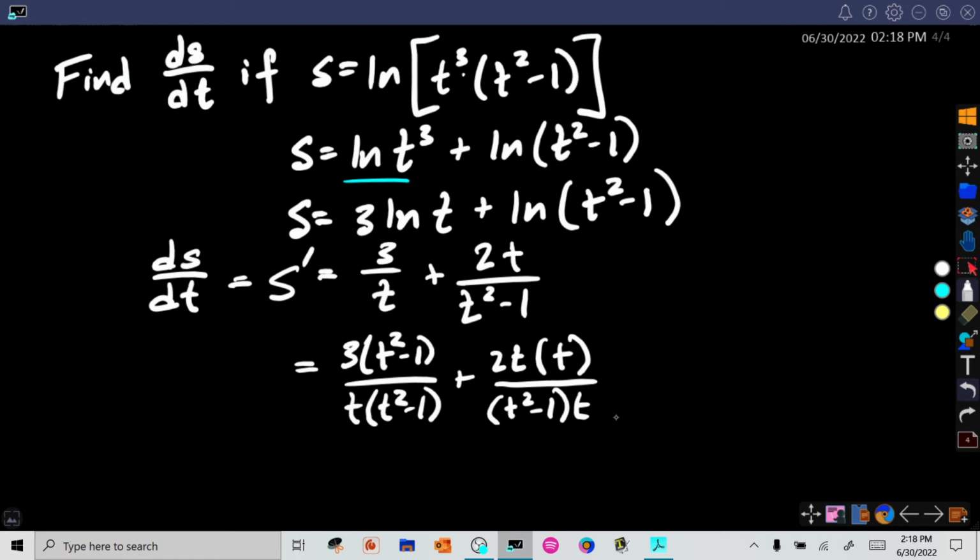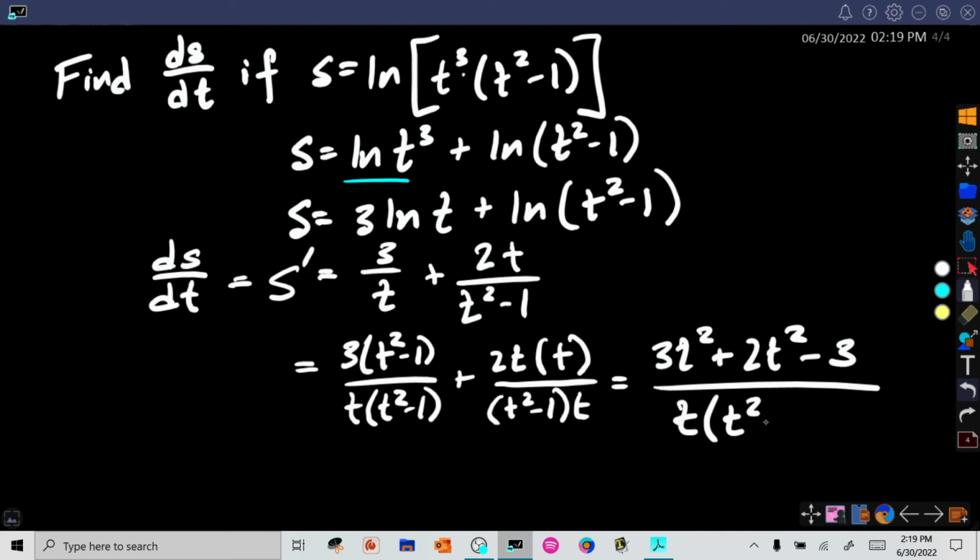Okay, this is the common denominator part, and then you're going to get 3t squared plus 2t squared minus 3 divided by all this stuff, t times t squared minus 1. And that you'll see is equal to 5t squared minus 3 divided by t times t squared minus 1.